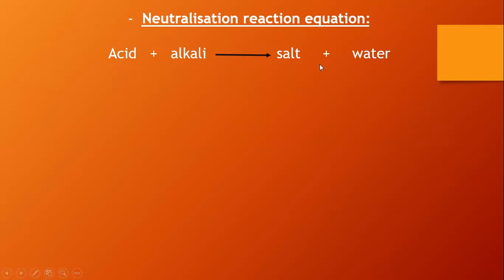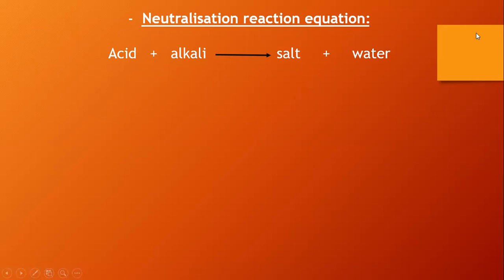After the arrow, all the chemicals are products, okay? What are the two things that are reacting with each other? Acids and alkalis. What are they going to produce? They are going to produce two neutral products.